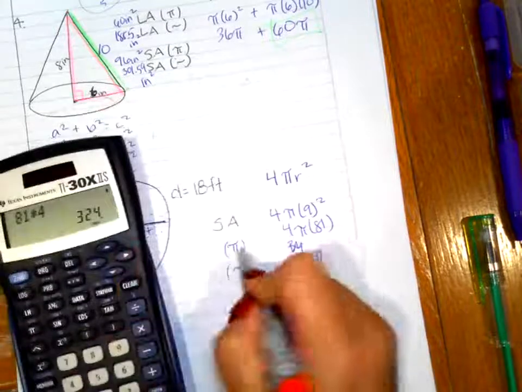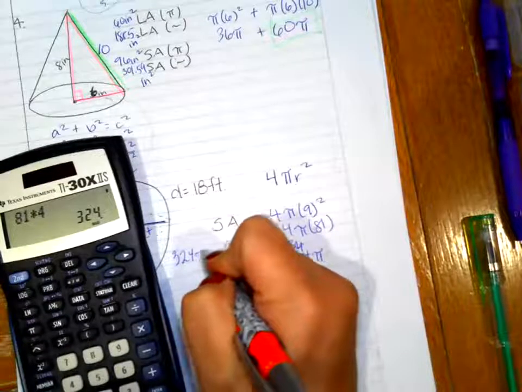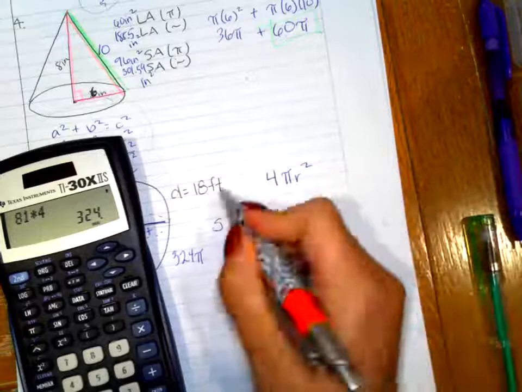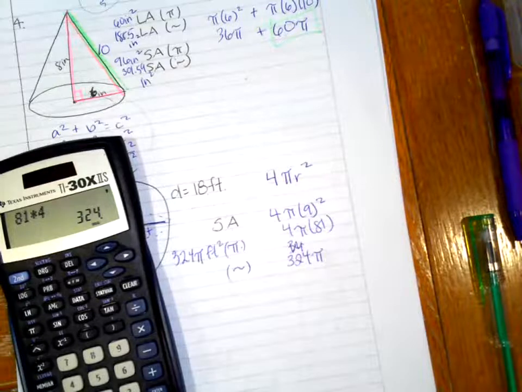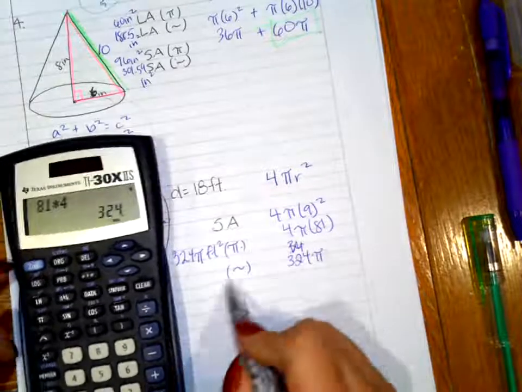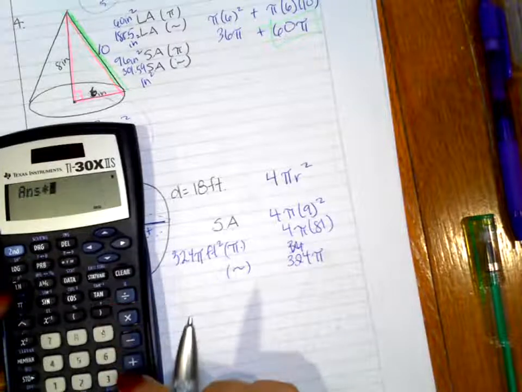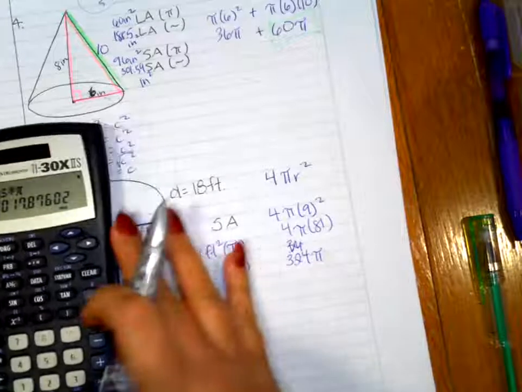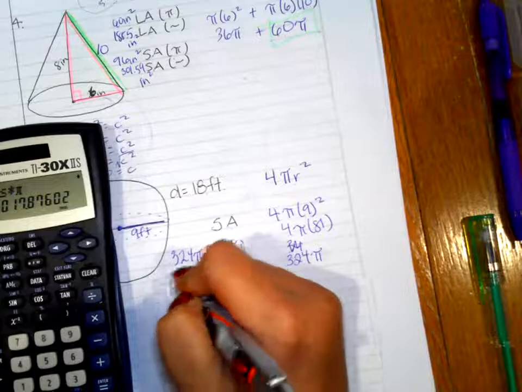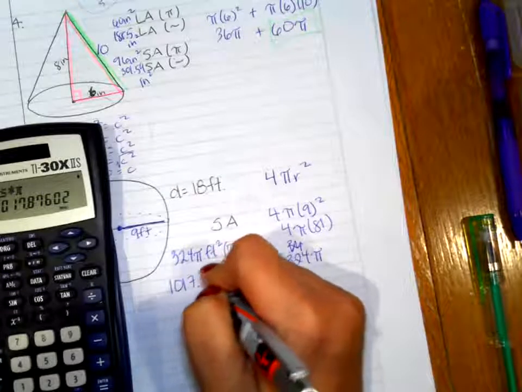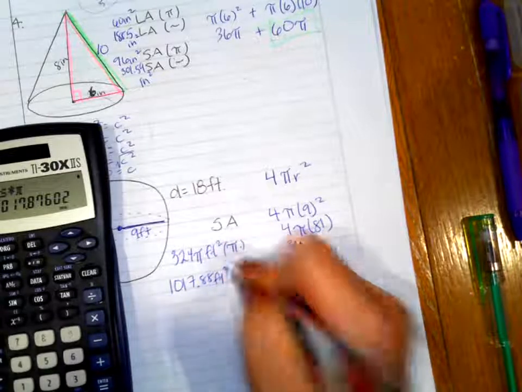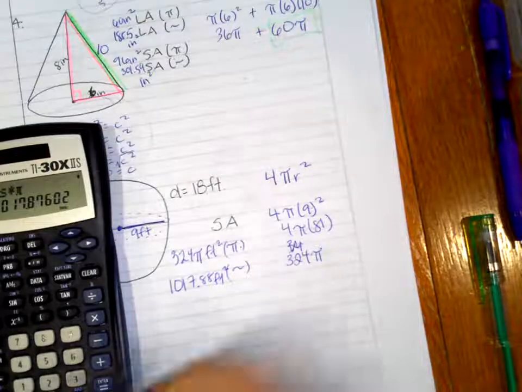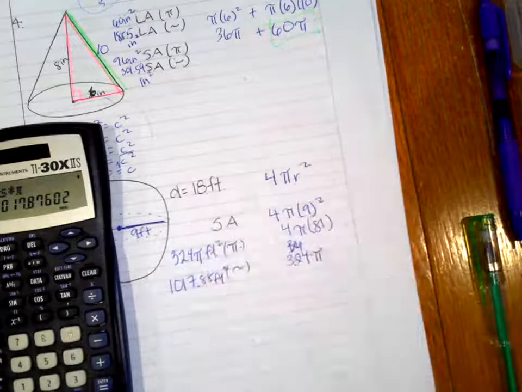There's my answer with pi: 324 pi feet squared. I need an approximate, so I multiply it by pi, and I get 1017.88 feet squared. Anytime you're doing area, it's always feet squared.